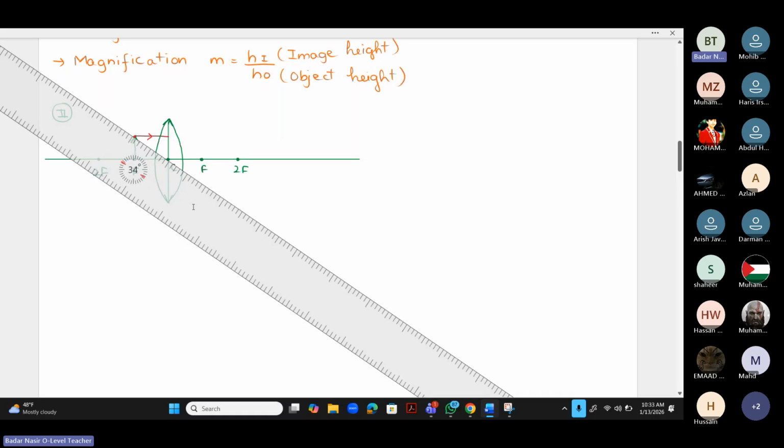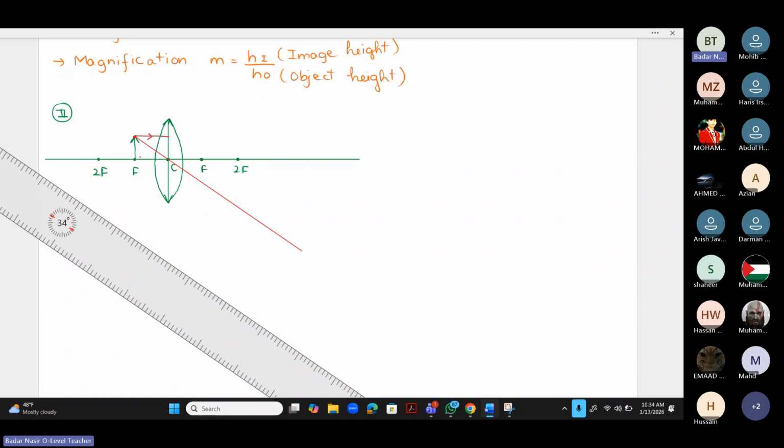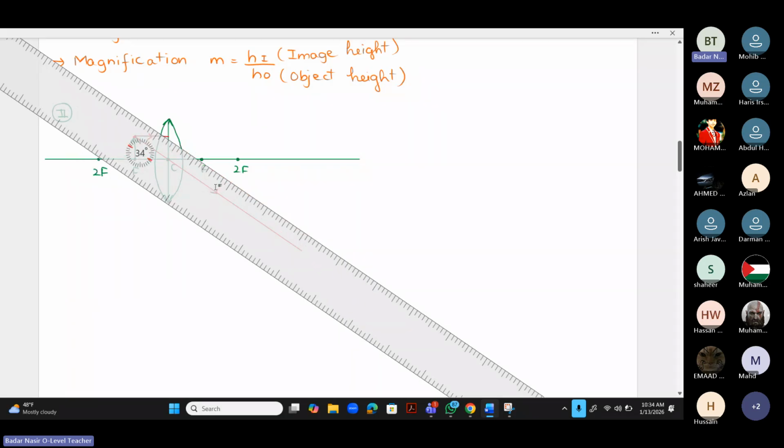Okay, so draw one ray from the top of the object and pass it through the optical center. Then you have to draw another ray which is parallel to the axis and then pass it through the focal point F.